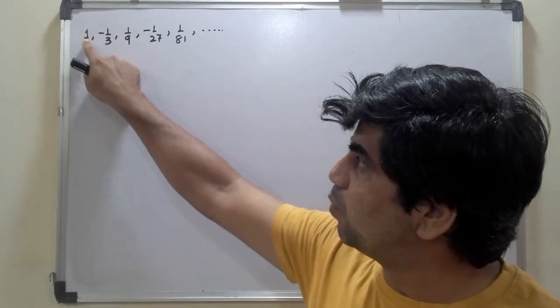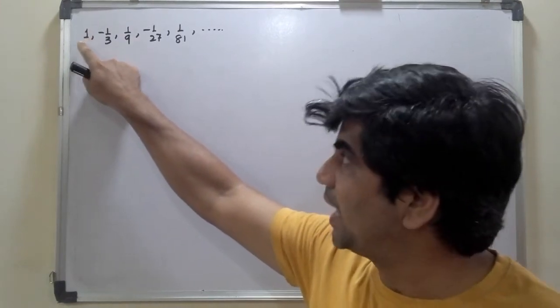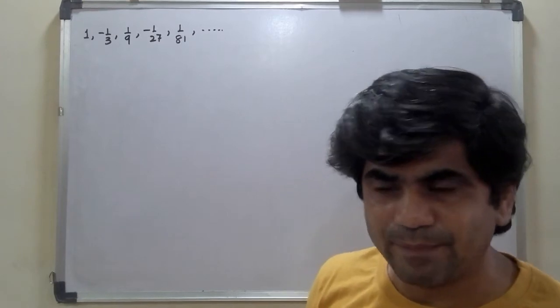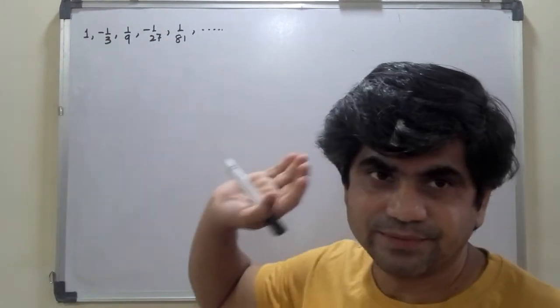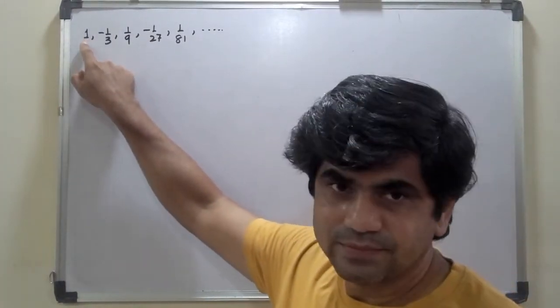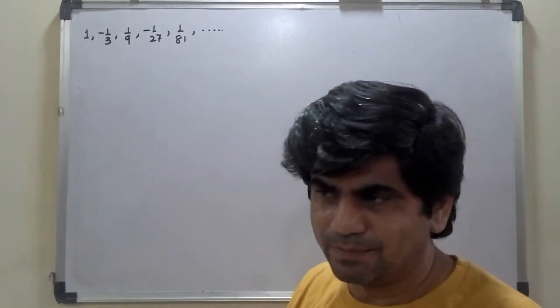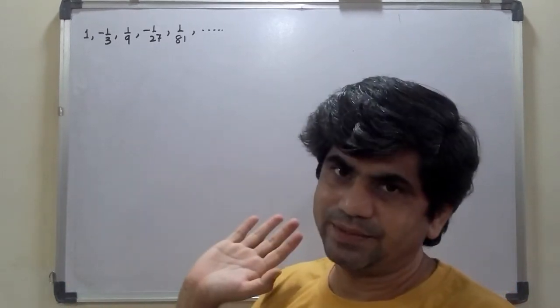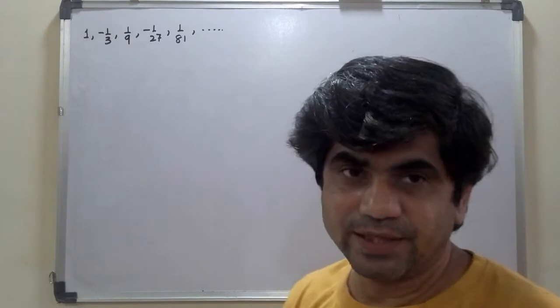What should I multiply 1 by so that I get minus 1 by 3? Obviously, 1 multiplied by minus 1 by 3 gives minus 1 by 3. Agreed? Are you getting what I am saying? I multiply the first number present over here by minus 1 by 3, so I get minus 1 by 3.